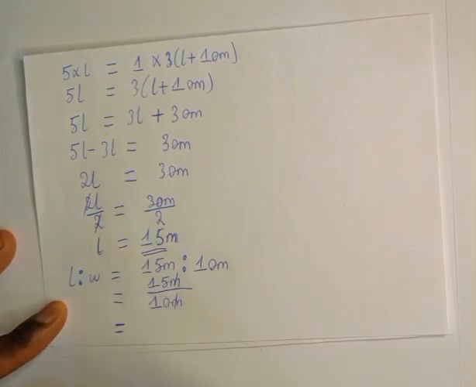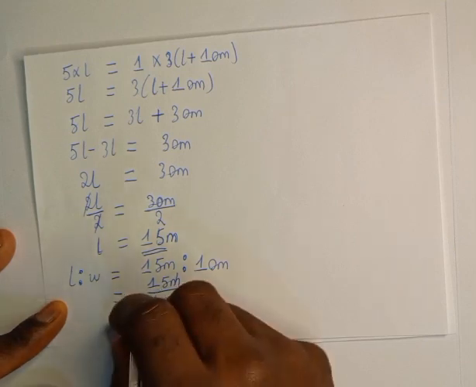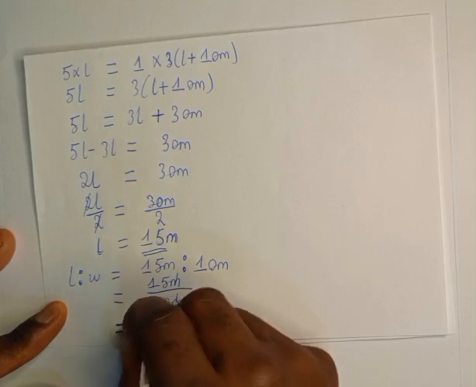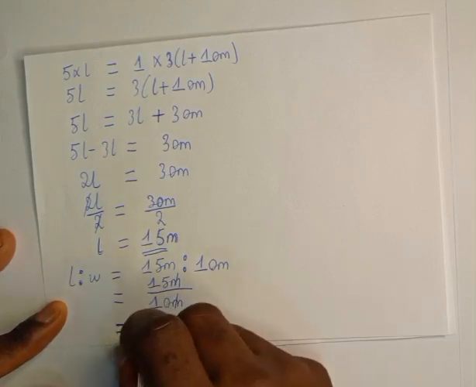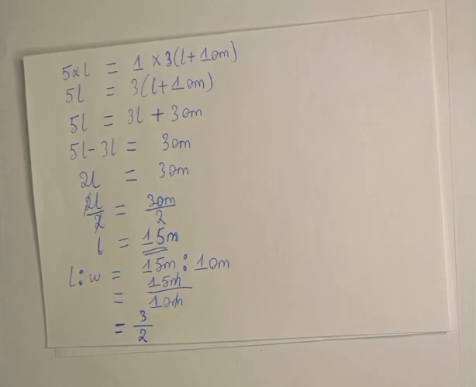Next, the highest common factor of 15 and 10 is 5. 15 divided by 5 gives us 3, all over 10 divided by 5 gives us 2. Next, we are going to express 3 over 2 as a ratio, since the numbers 3 and 2 are relatively prime.